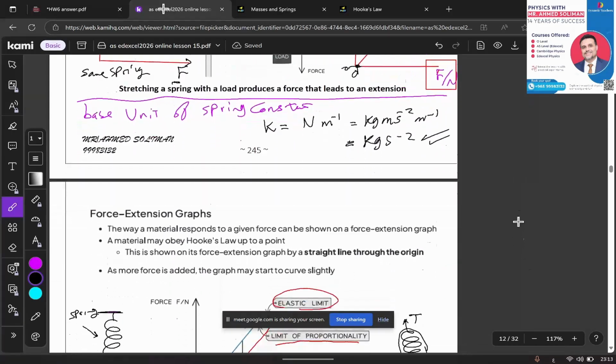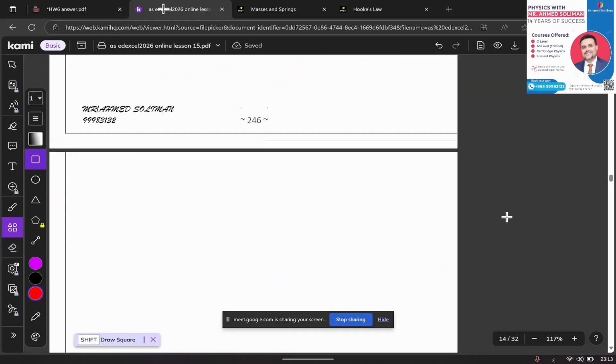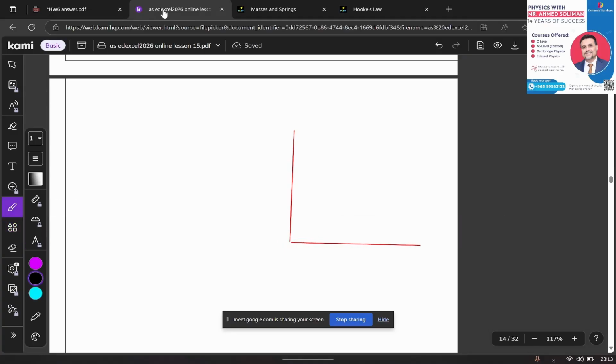Okay, what if I want to draw the relationship between the force and the length of the spring? What do you think?